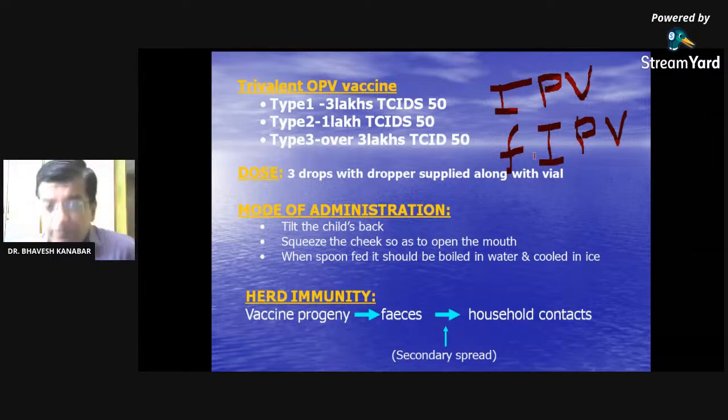What is the dose of OPV vaccine? When is it given? Write down in the chat box.